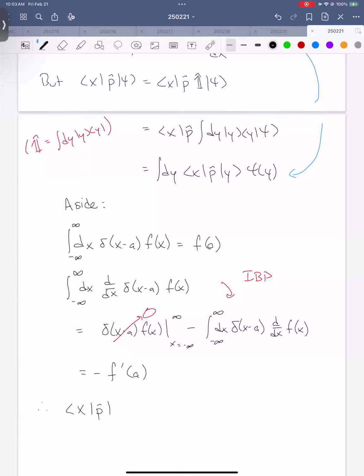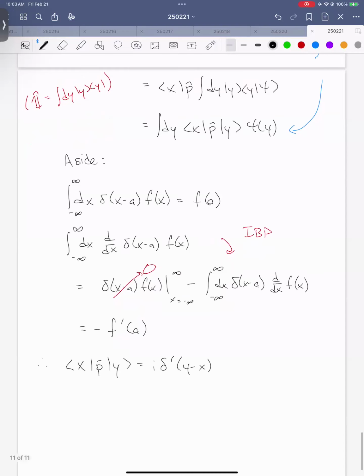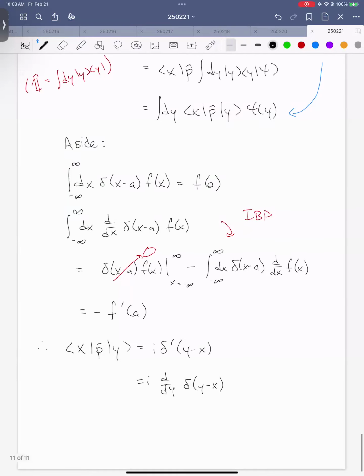So, getting the right sign, this is going to be equal to i Dirac delta prime of y minus x, which is i d by dy delta y minus x, which we can also equivalently write as minus i d by dx. Let's see.